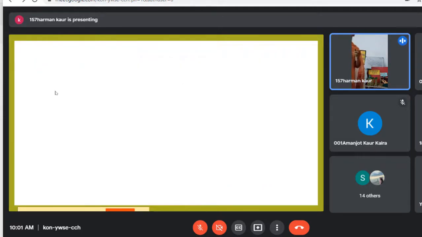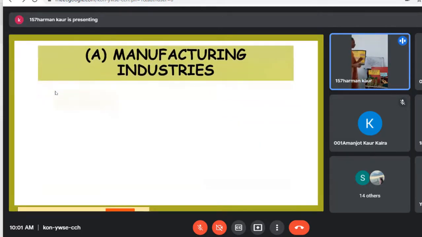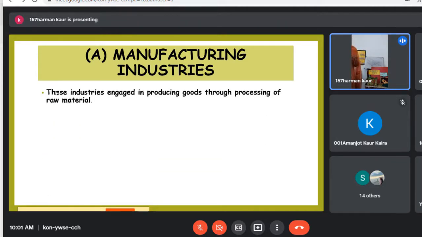Now, secondary industry is further classified into two categories, and the first one is manufacturing industries. These industries engage in producing goods through processing of raw material. Raw material which primary industries produce, the manufacturing industries process that material and convert it into other goods.